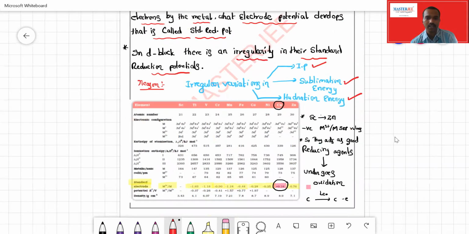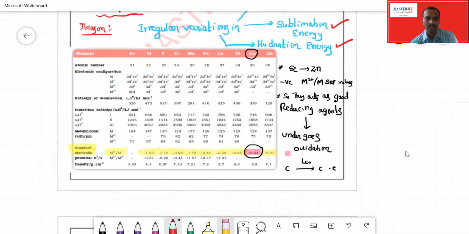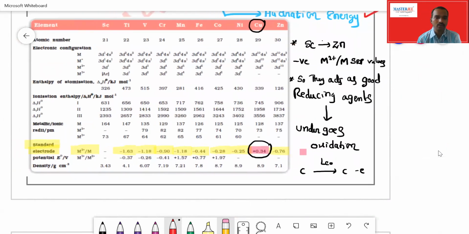Now if you carefully observe the standard reduction potential values of this 3D series, from scandium to zinc, except copper, all are exhibiting negative SRP values.